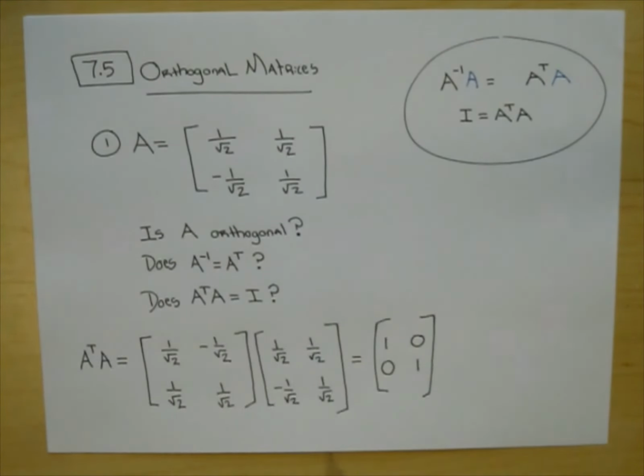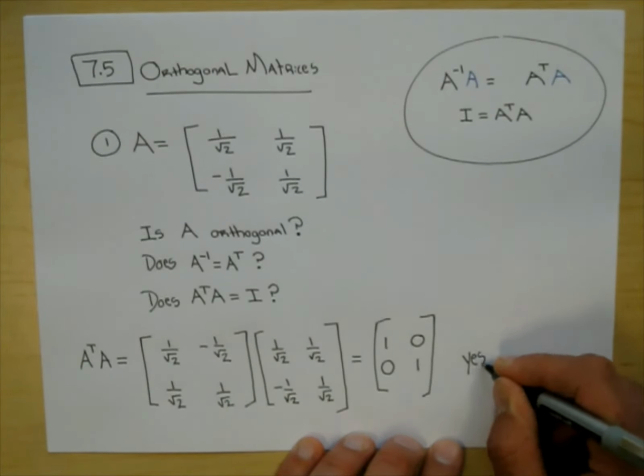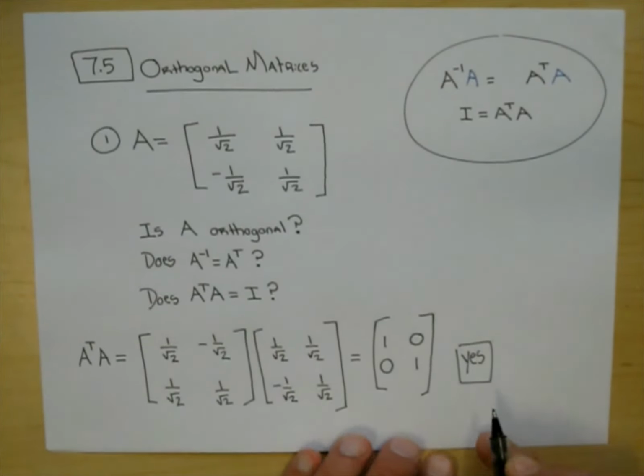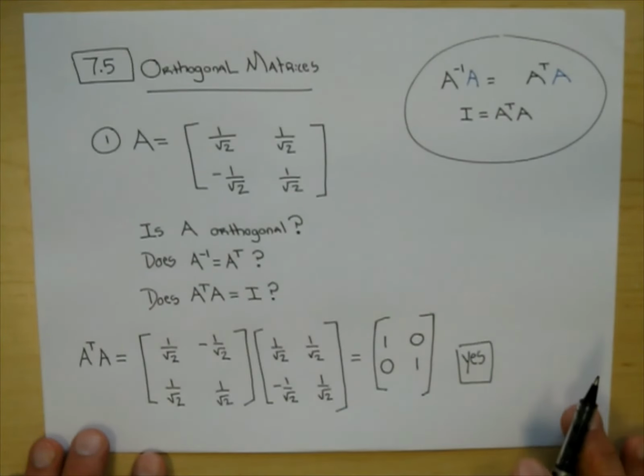So guess what? We ended up getting the identity. This is true. Does that equal that? The answer is yes. Yes to the original question as well. Is A orthogonal? The answer is yes.